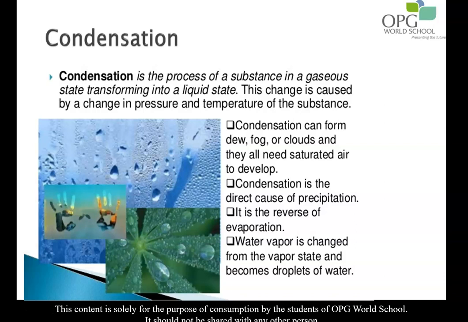That is condensation as it forms clouds. Condensation is a direct cause of precipitation by which you get rain, snow, etc. So it is the reverse of evaporation. In condensation, the vapors form liquid, but in evaporation, the liquid changes into vapor.